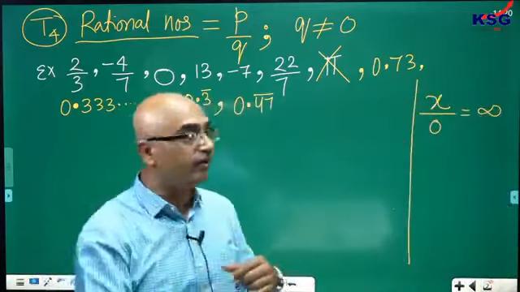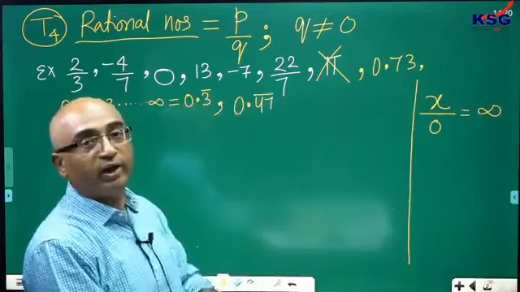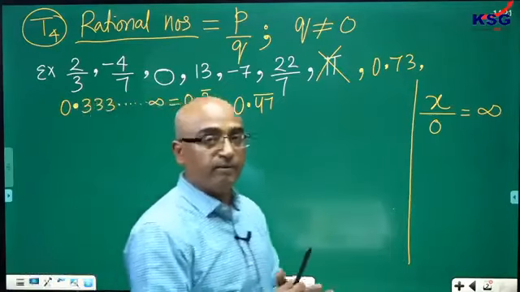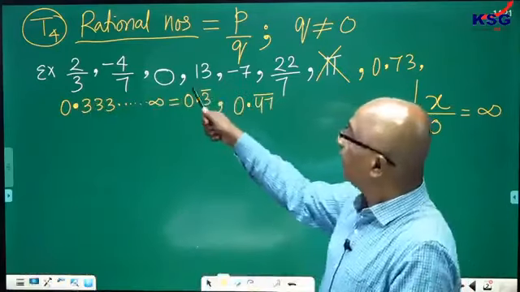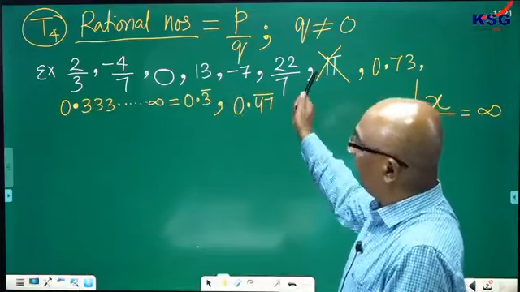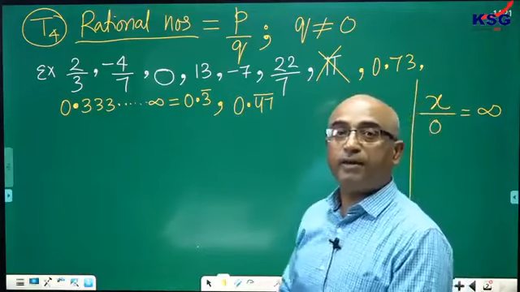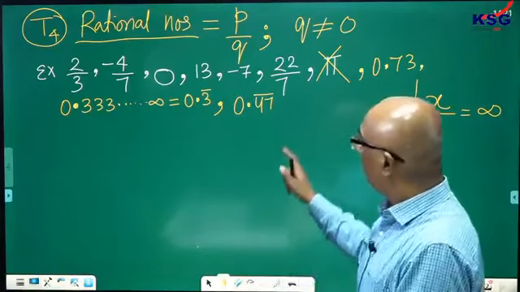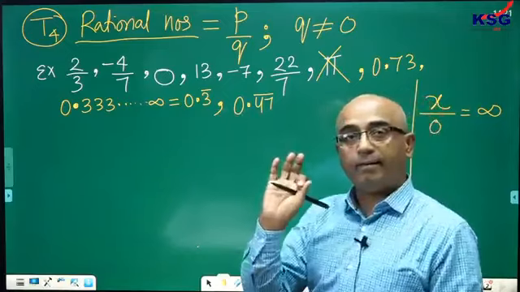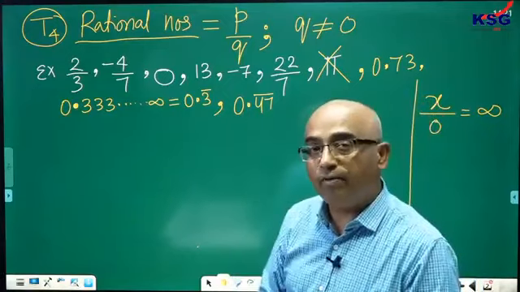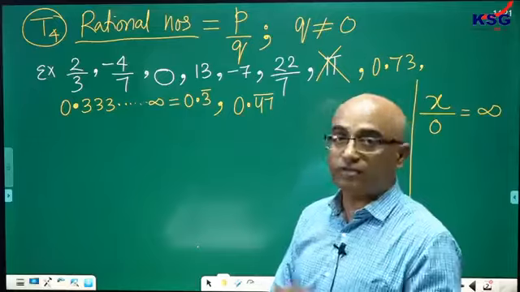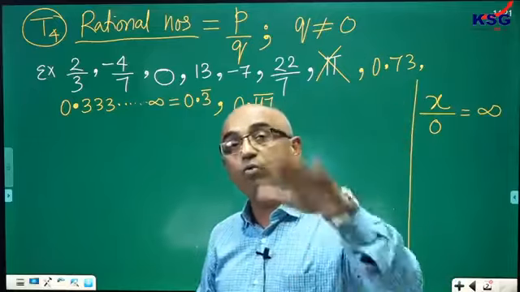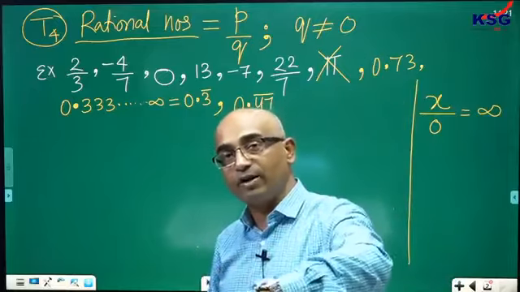But the numerator can be 0. Right now we are discussing different examples of rational numbers. Every recurring decimal is also a rational number. Now the question is how to convert a recurring decimal into a rational number.